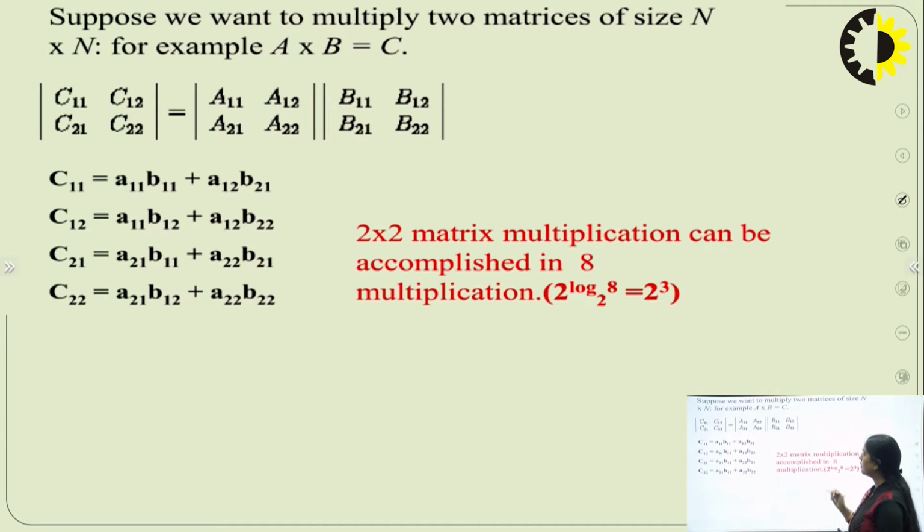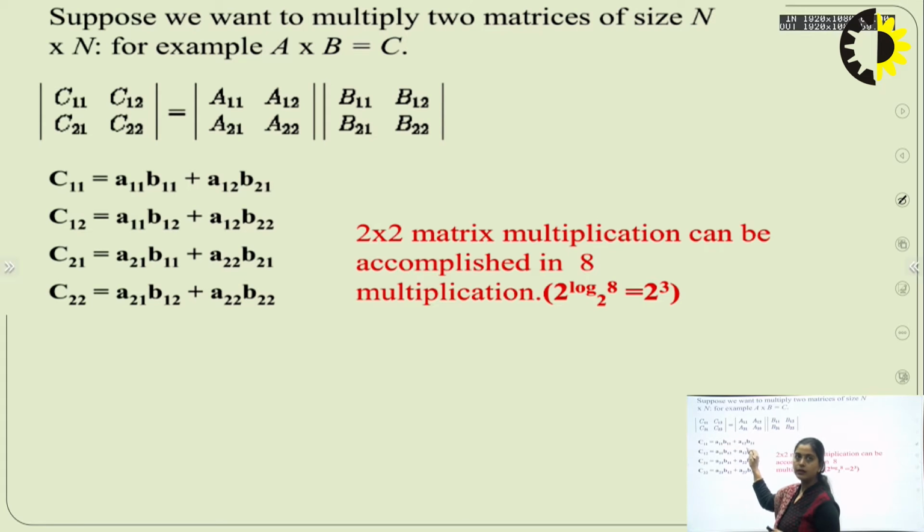If we take an example, C equals A into B, where A and B are two matrices. This is the representation: A11, A12, A21, A22, and so on. And this is the result of multiplying these two matrices, C11, C12 and so on. This is the actual method to do the matrix multiplication.